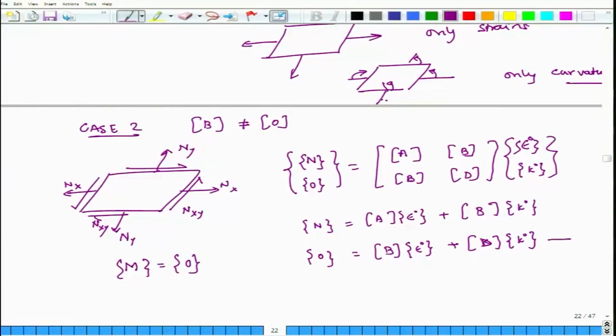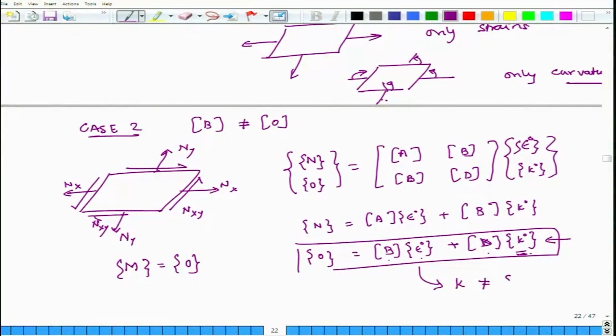The second equation tells us that for this system curvatures are non-zero, because the sum of B times epsilon plus D times curvatures is 0. So, the second equation tells us that curvatures are not 0, and we have to solve all these 6 equations to find curvatures as well as mid-plane strains.